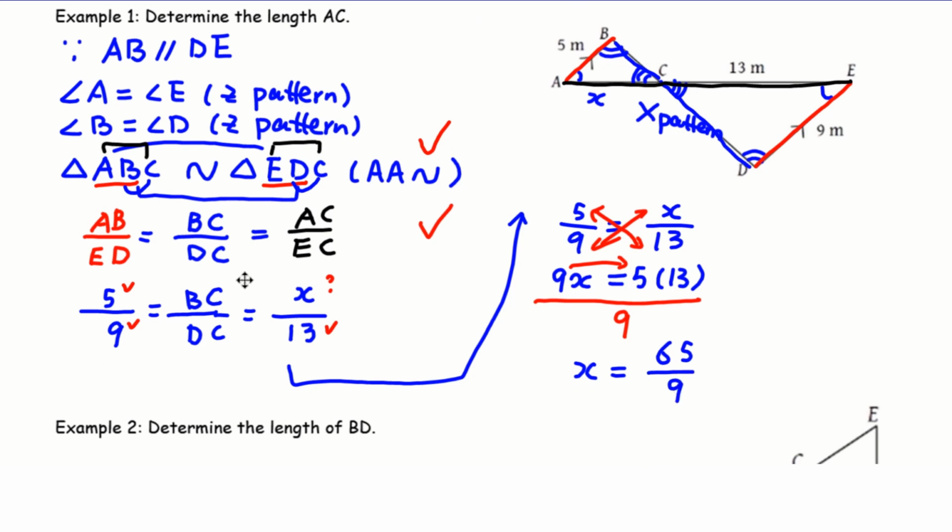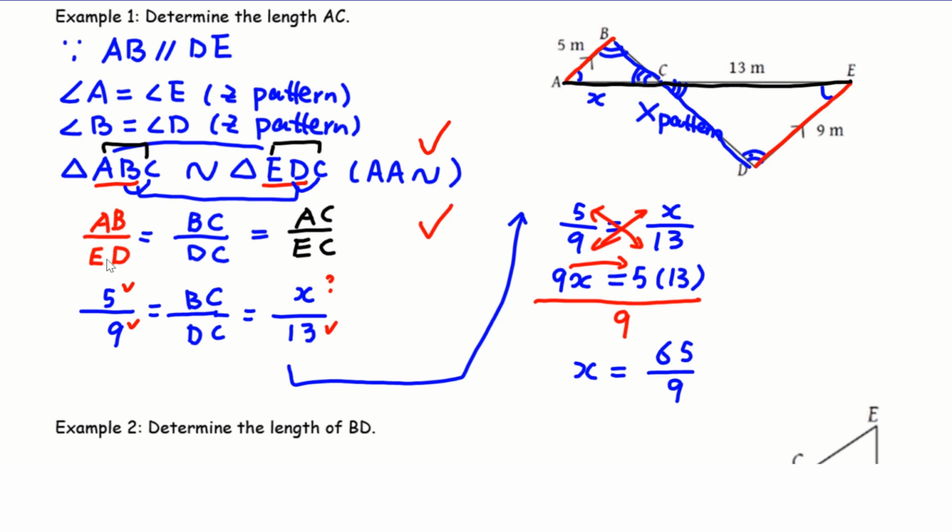An important thing is the order matters for similar triangles. Corresponding letters mean the angles are equal. So angle A equals angle E, angle B equals angle D, then angle C equals angle C. The first two letters represent one side of the triangle, the last two letters another side, and the first and last represent the third side.